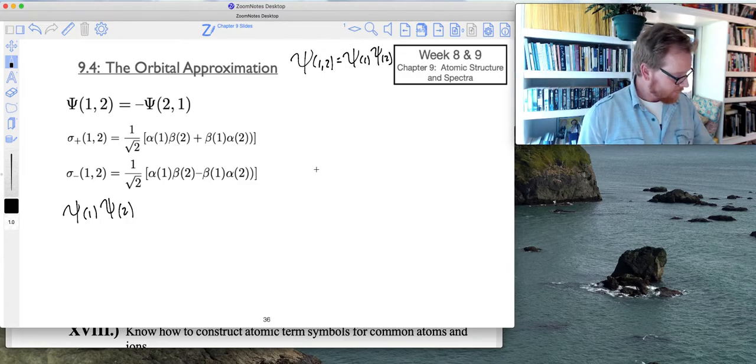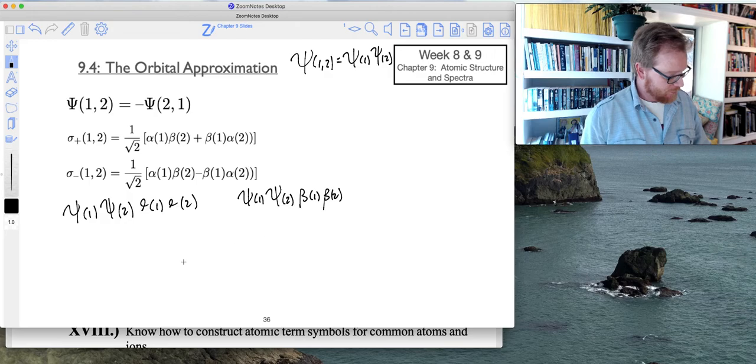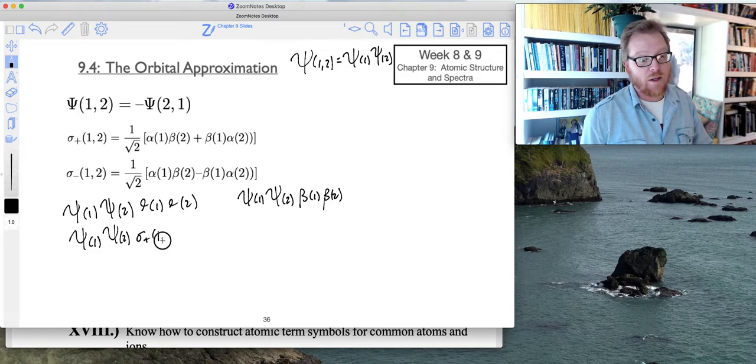And then, of course, if both of those are spin up, we would tack on that additional spin wave function. Another possibility is psi 1, psi 2, and beta 1, beta 2. That other possibility is now psi 1, psi 2, and the sigma plus (1,2).